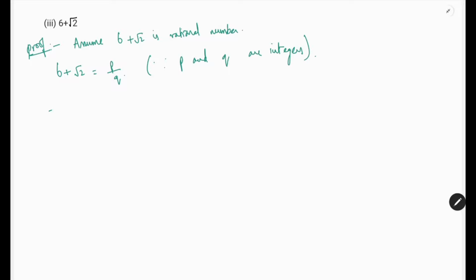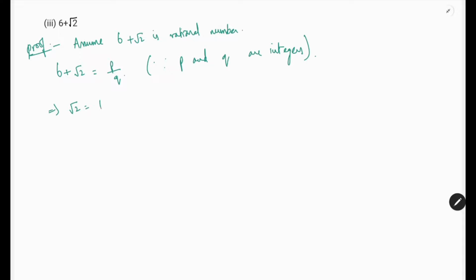Let us assume that 6 plus root 2 is a rational number. So, a rational number means it can be expressed in the form of p by q. Here p and q are integers. Take 6 to the right side.